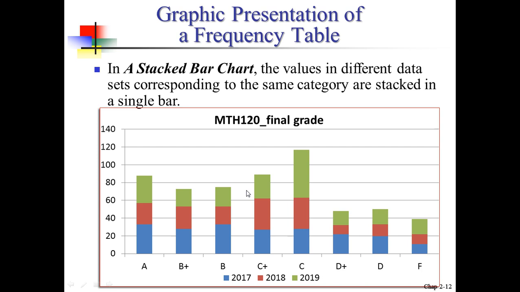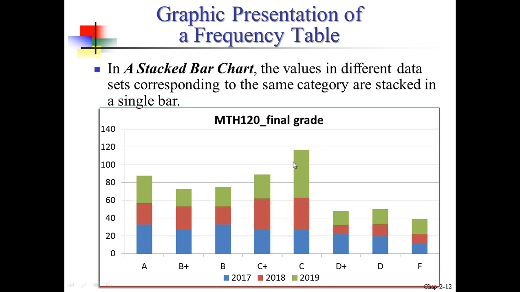However, we can see in 1 second that C among 3 years has the highest frequency, which means the most students got C among 3 years together. Students getting F is the last one.